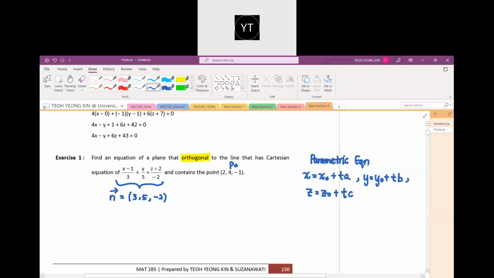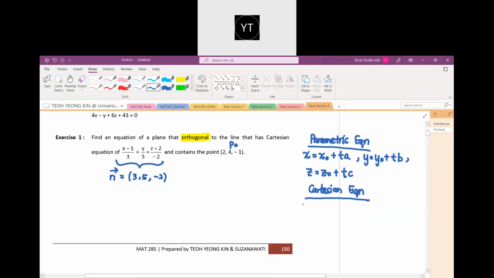Whereas in the Cartesian equation, or symmetric equation, the formula is (x minus x naught) over a equals (y minus y naught) over b equals (z minus z naught) over c. You can see that a, b, c is in the denominator. So in this case, that's why I'm using 3, 5, and negative 2.